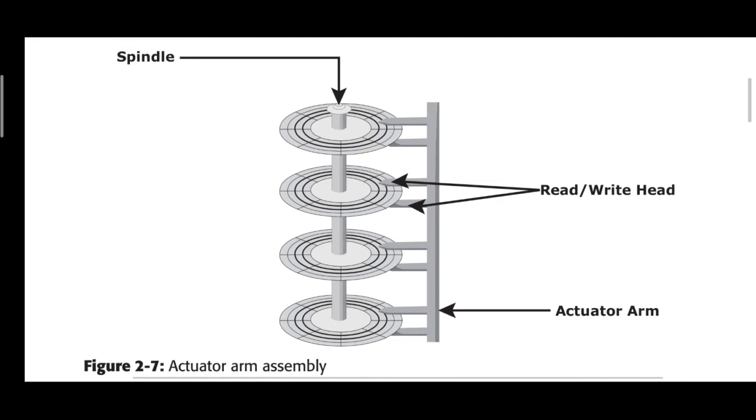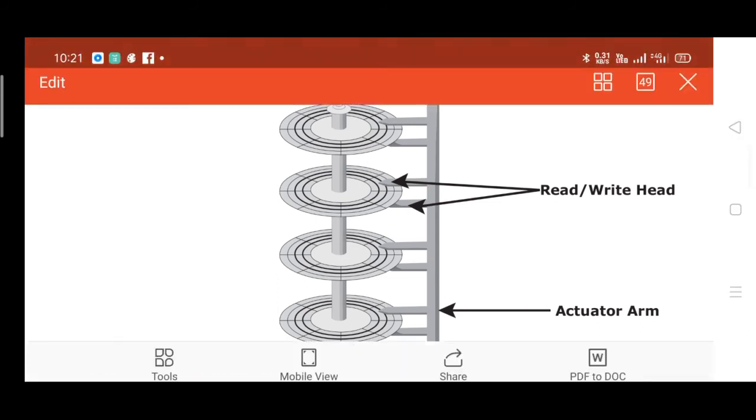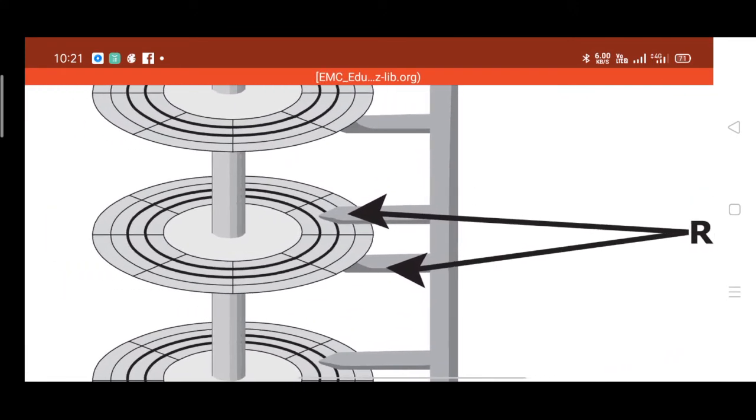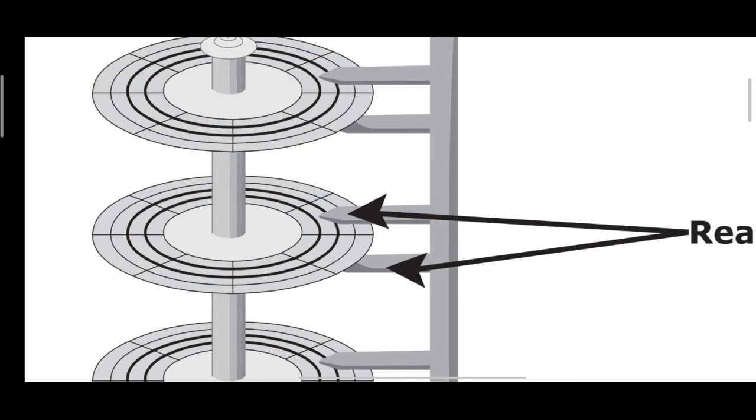Again, the platter is divided into track and sector. Just recall track and sector. That conical surface, what you can see, is called a sector, and the circular surface, observe that disk structure carefully, is called the track. Data is stored serially or sequentially along the tracks.